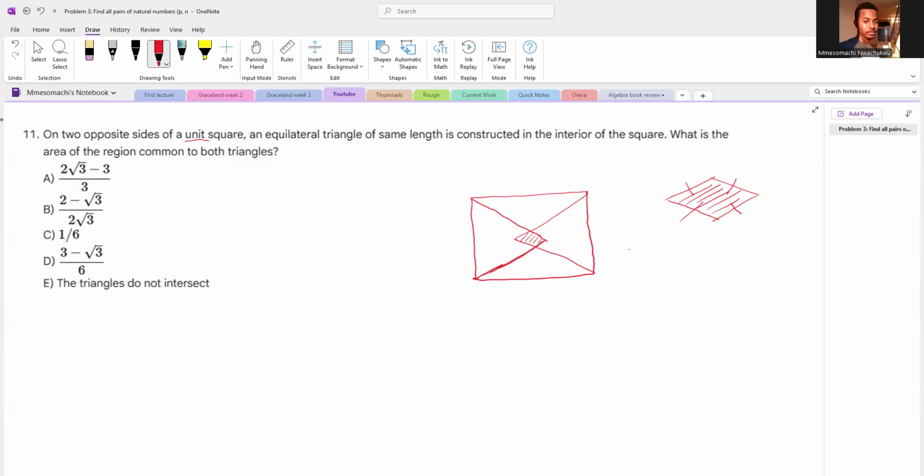Now to calculate the area of this shaded region, one thing we can do is break this shape into two. If we draw this diagonal, and if we can find the length of this diagonal, that will help us go a long way to getting this area. Why?